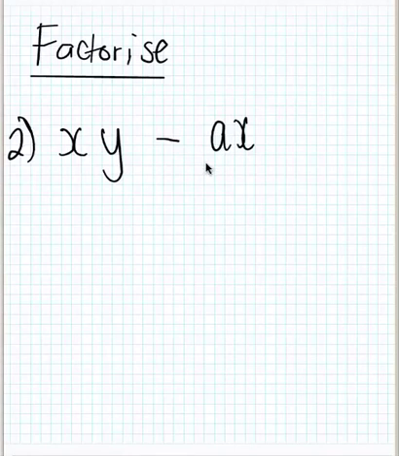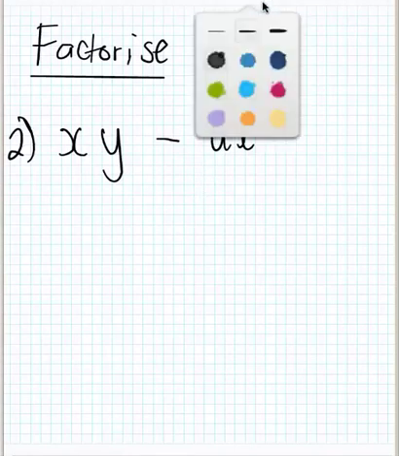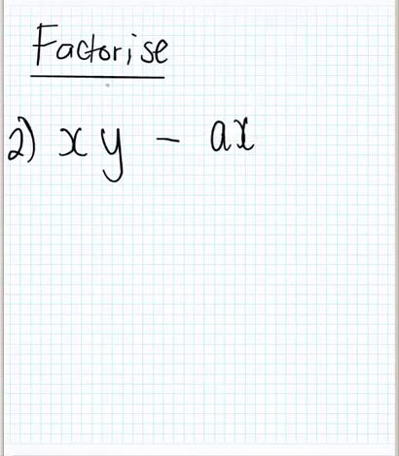Now, for our next question, you notice we have no numbers, and that's still fine. So remember when factorizing, whatever you take out must be on both sides. So let's have a look. I'll start with my x. So I've got an x here. Is there an x on the other side? Well, yes, there is. So that's the first thing I can take out. So I'll get my brackets ready. And now there's a takeaway in the middle.